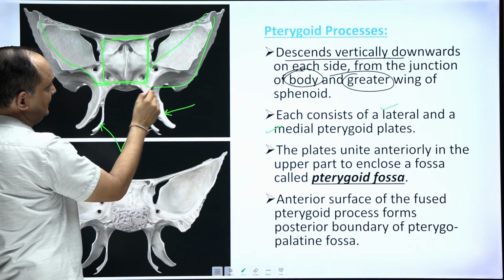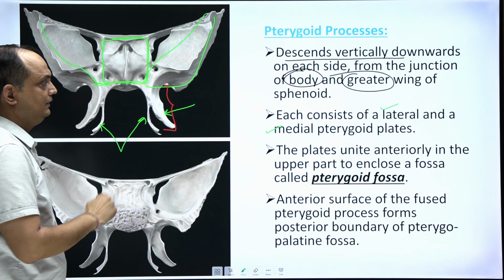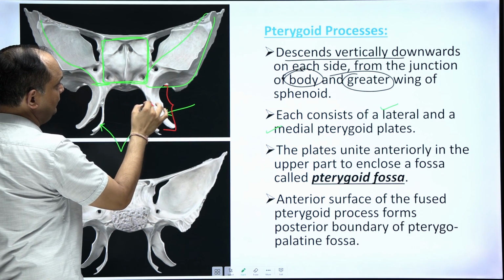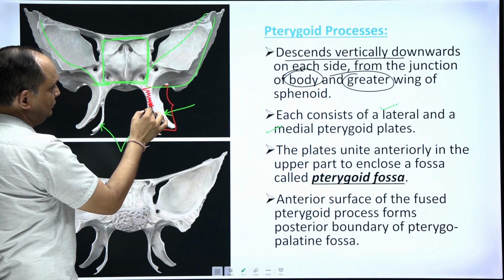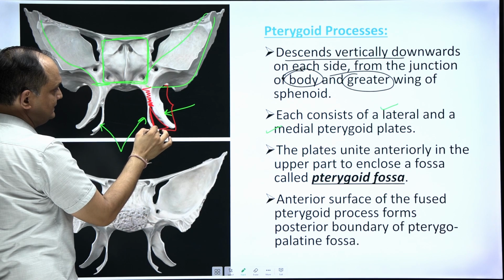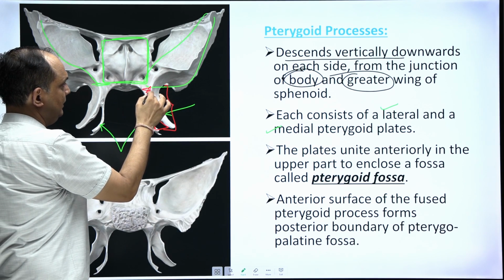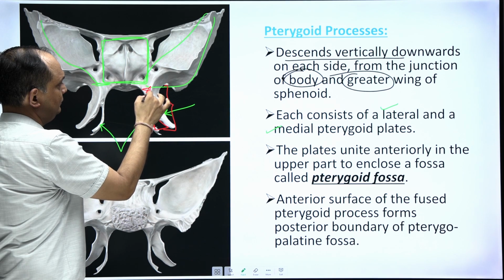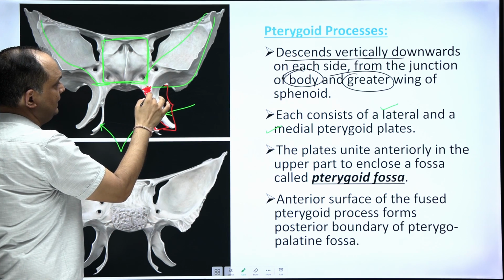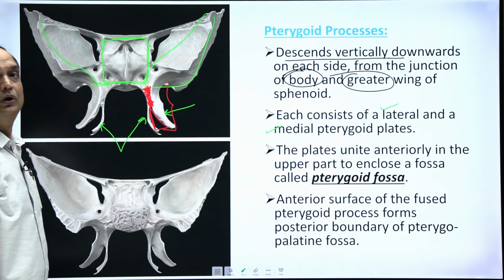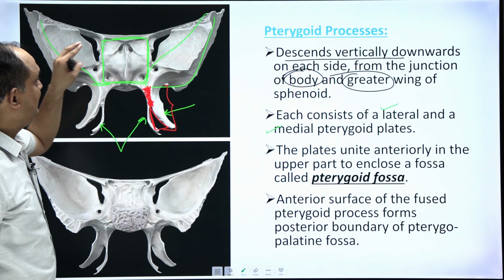Here you can see the length of the plate, but they are united only in the upper part, not in the lower part, where you see this gap. Clear? This is an important thing to understand: the plates unite in the upper part but not in the lower part, and this is the anterior view.